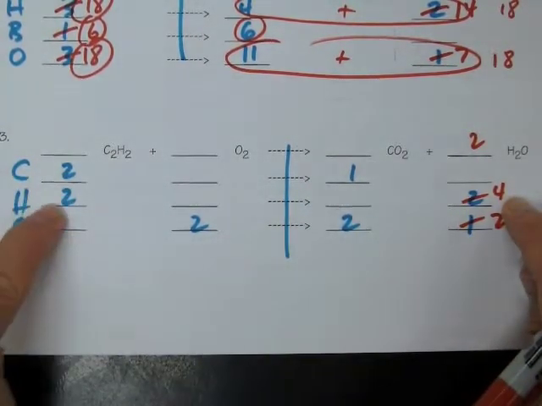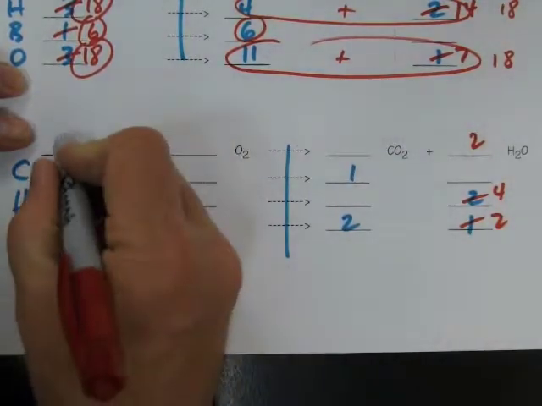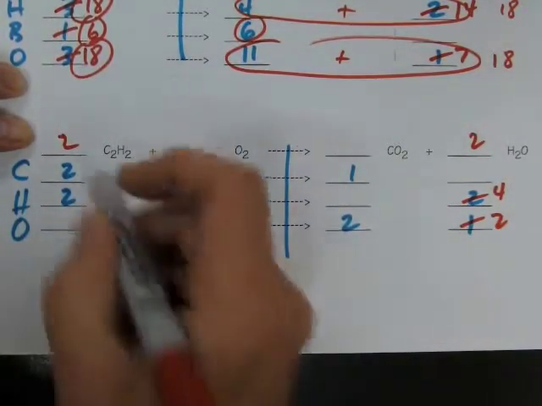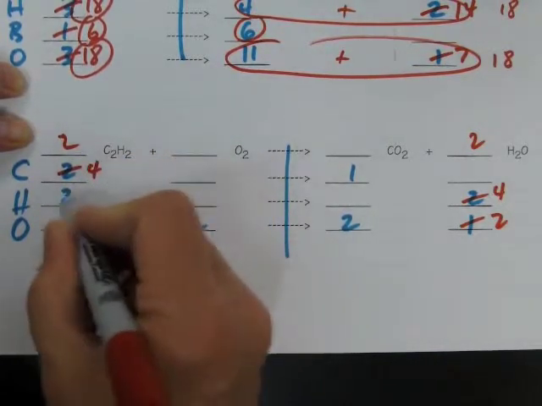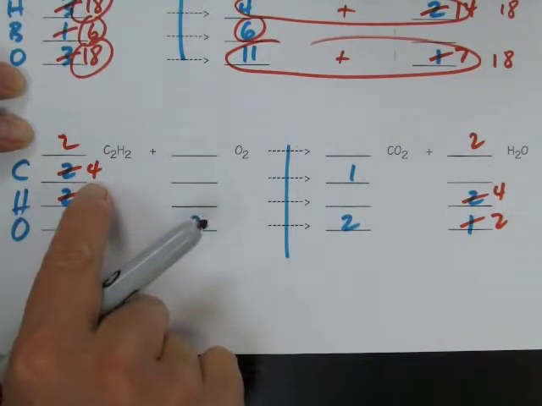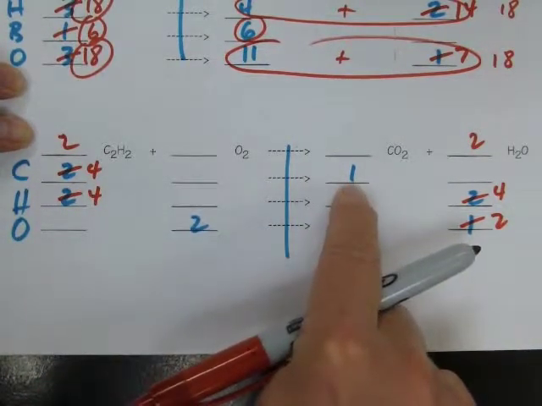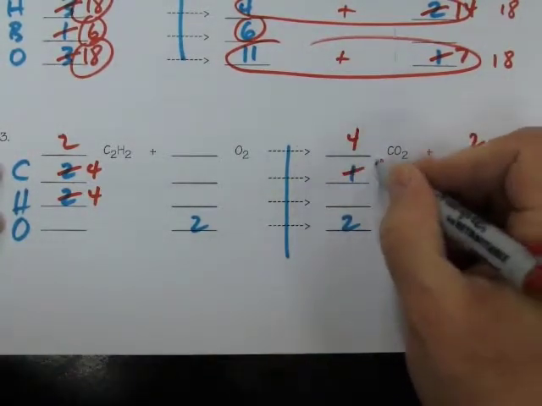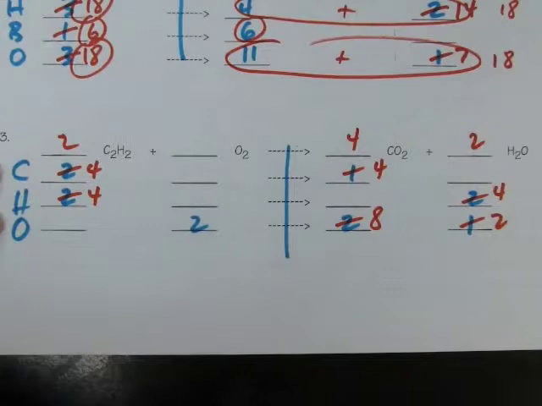I can make this balance if I multiply this formula by 2. If I put a 2 here, that multiplies everything in the formula, so the 2 that I counted becomes 4. And let's see if I'm getting any closer here. Okay, this 4 doesn't balance that 1, so let me multiply this by 4 and see what happens. 4, now that's 8.